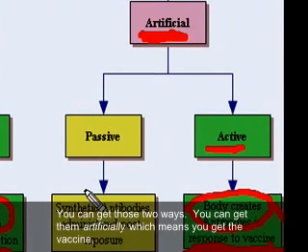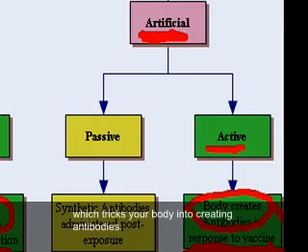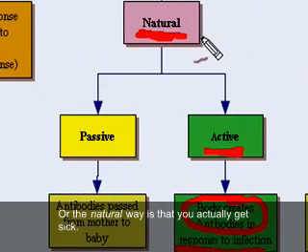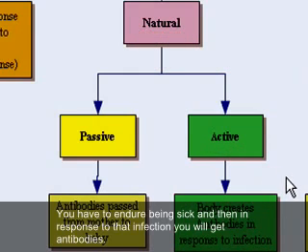You can get those two ways. You can get them artificially, which means you get the vaccine, which tricks your body into creating antibodies, or the natural way is that you actually get sick. You have to endure being sick, and then in response to that infection, you will get antibodies.